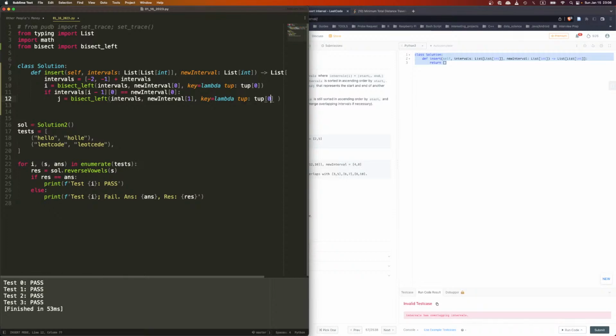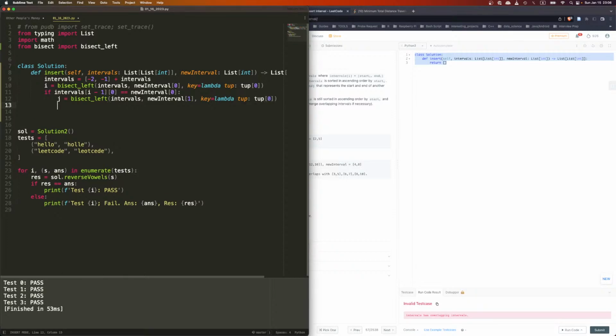Okay, so this is the second one, right? So now we have the J. And then we can do the same thing, right? If intervals J minus 1 and 0 is equal to new interval 1.